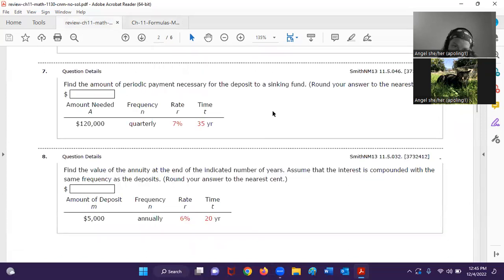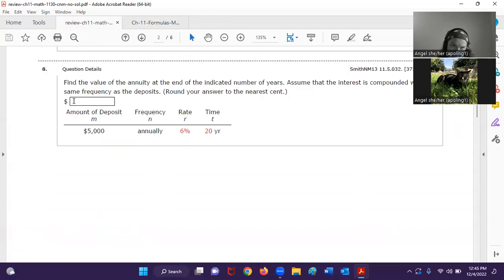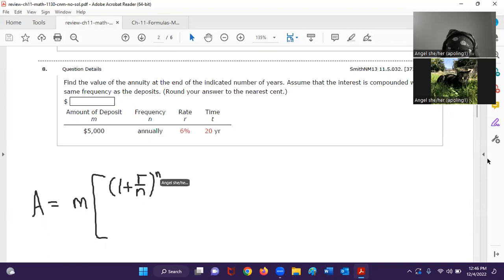And we're looking at number 7. Oh, no, sorry. We did number 7. We're looking at number 8. Okay, we found the formula A equals M times the quotient, where the numerator is the quantity 1 plus R over N raised to the NT minus 1, divided by R over N. And now we just find our values and do some plug and chug, right?